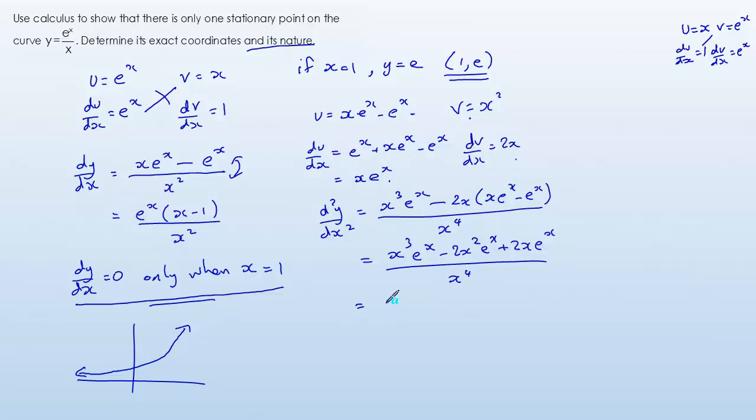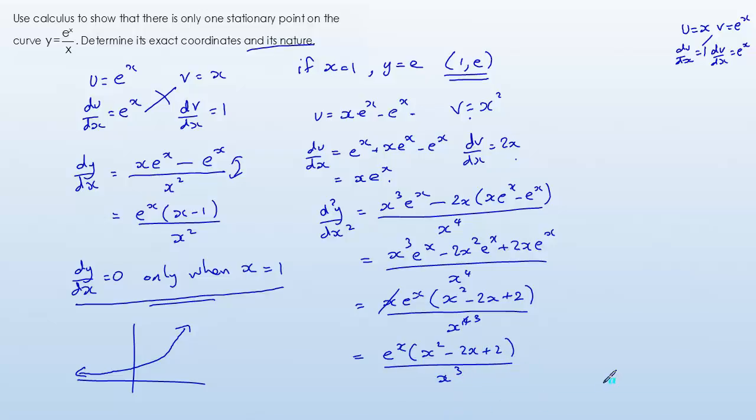Now we've got a common factor on the top of x e^x, and that will give me x squared minus 2x plus 2 all over x to the 4, and of course this one will cancel that one down to 3. So we have e^x (x squared minus 2x plus 2) over x cubed.